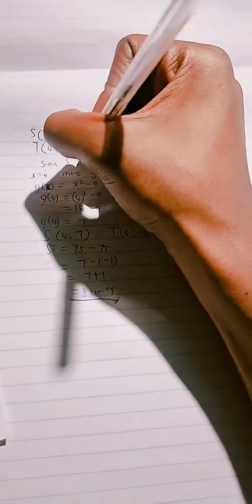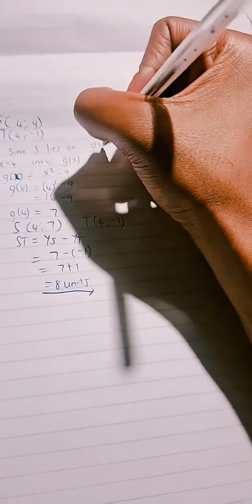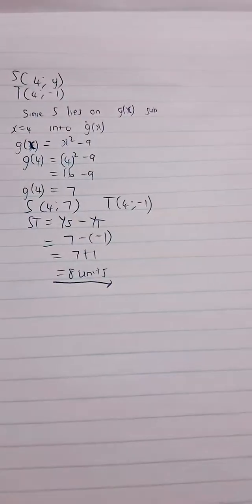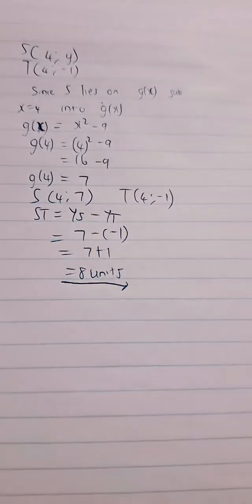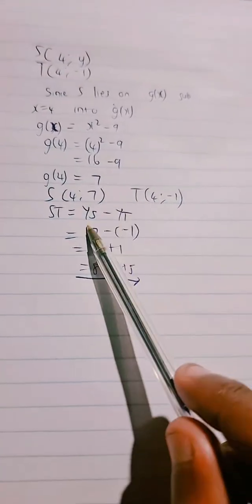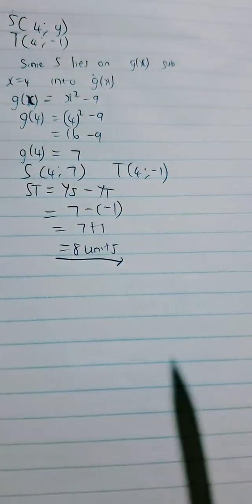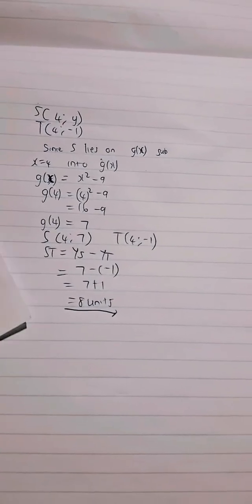Since S lies on G of X, substitute X is equal to 4 into G of X, and then you get the corresponding Y value. So 7 is the corresponding Y value. Now I can say Y at the top, which is S, minus Y at the bottom, which is T, and I get 7 minus 1, which is 8 units. That's ST. Who would have thought that ST would be so nice to find?